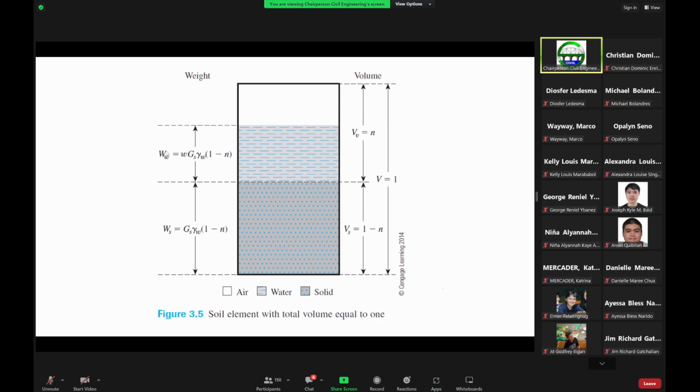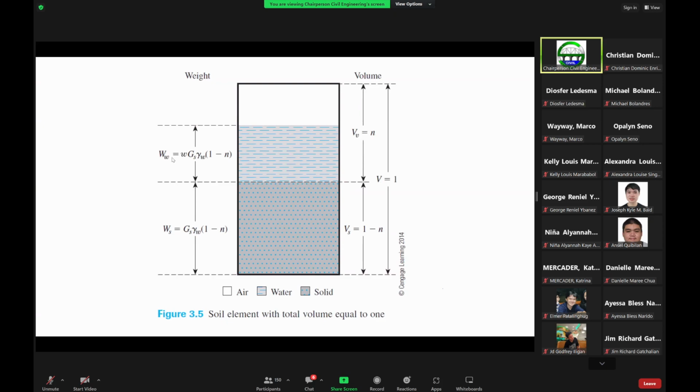With that, the weight of the soil solids will be equal to the specific gravity of the soil solids multiplied by the unit weight of water times the volume of solids. But the volume of solids is equal to 1 minus n.